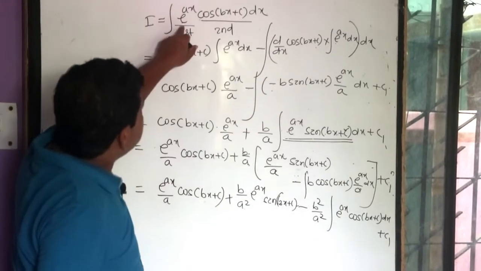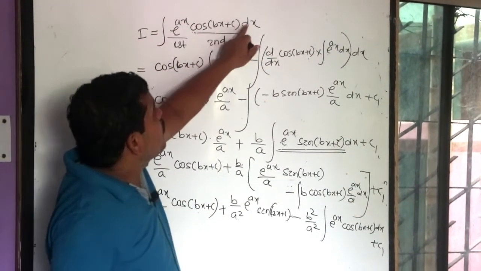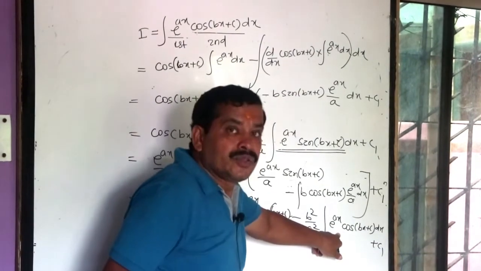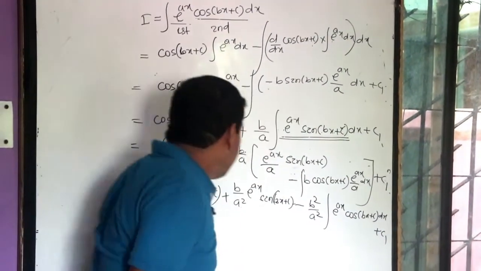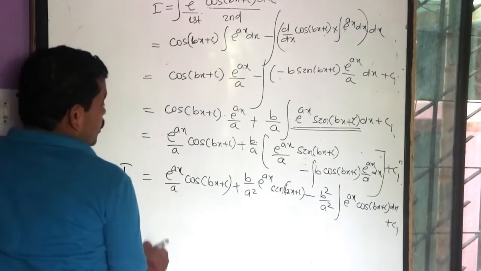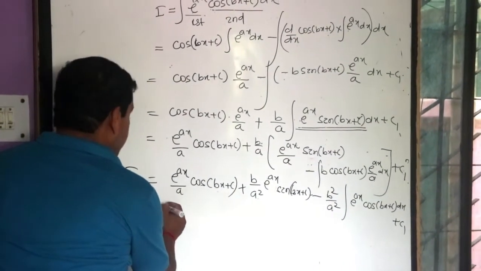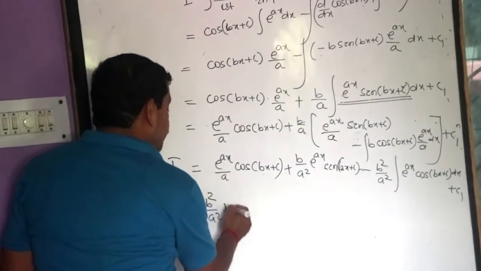We take the integral of e to the power x cos bx plus c dx as I. This integration comes here, so taking it as I, we have I equals to I plus b square by a square I.